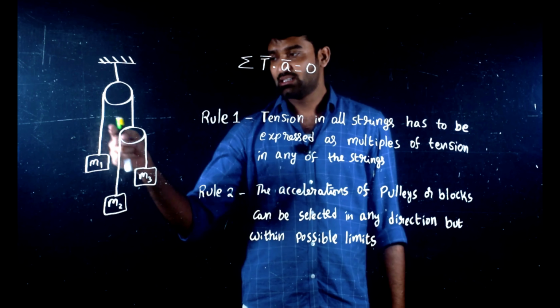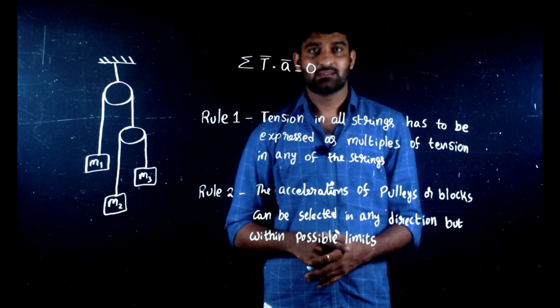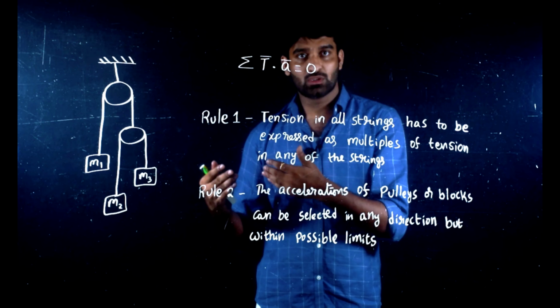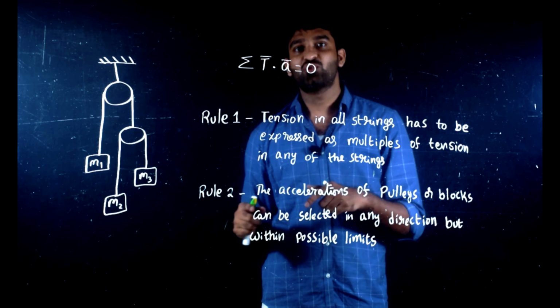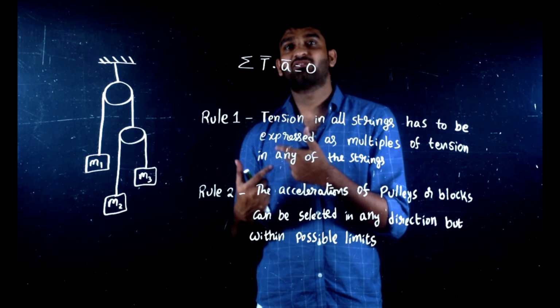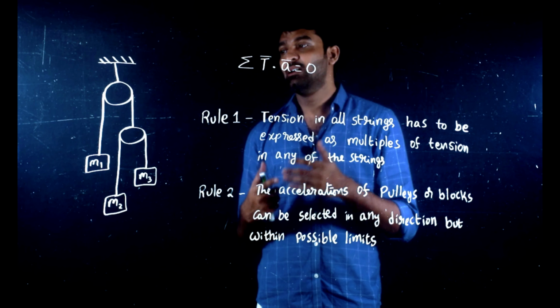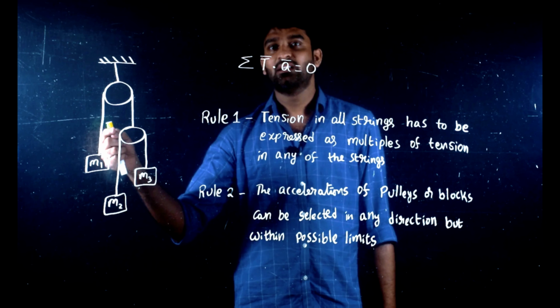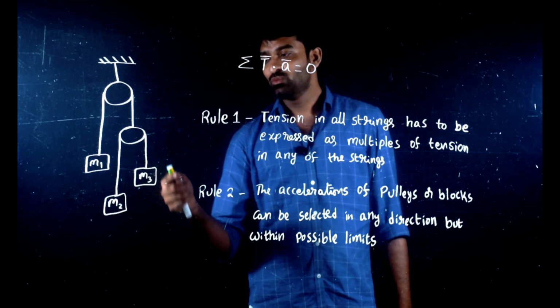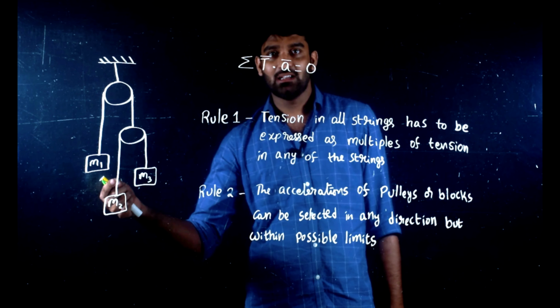If you have more than two, then tension in all strings has to be expressed as multiples of tension in any one of the strings. Which means if I take the tension in this string as T, then this has to be expressed as KT.